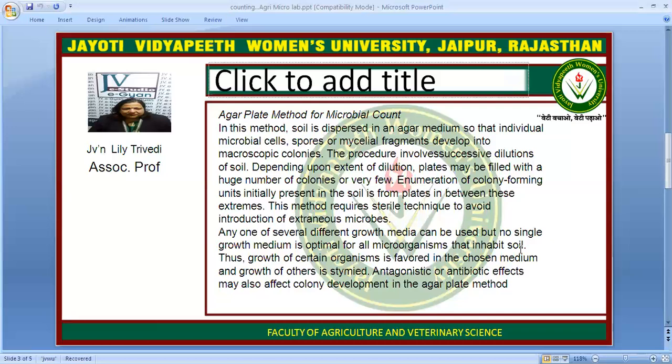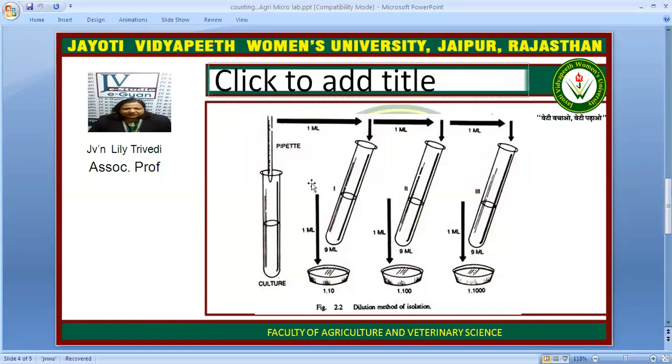So for growth of certain organisms, we use different media, and the antibiotic or antagonistic effect also has to be considered. For the dilution method, we are going to use the dilutions 10 to the power of minus 2, 10 to the power of minus 3, 10 to the power of minus 4.